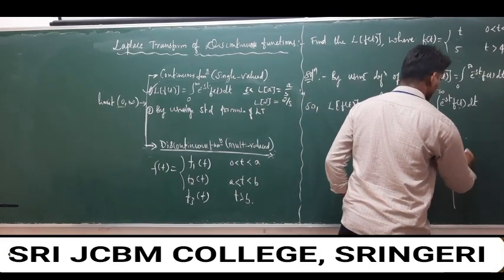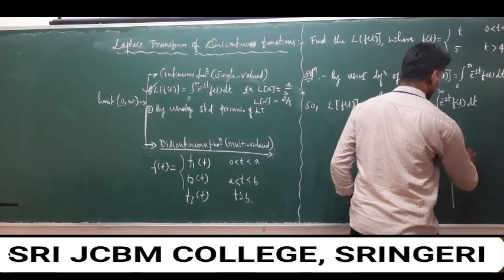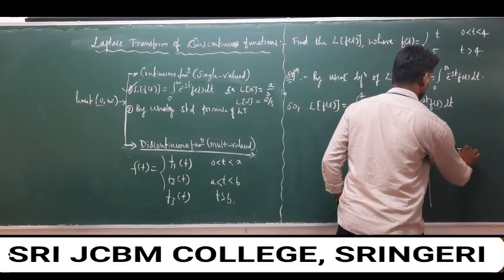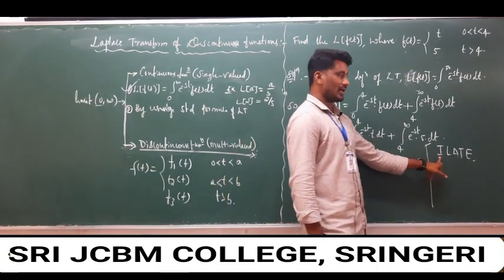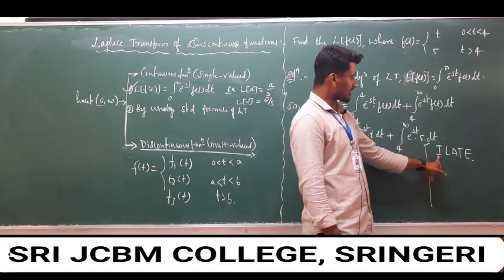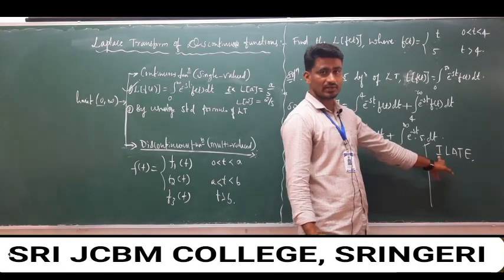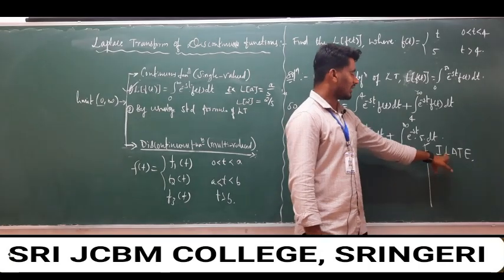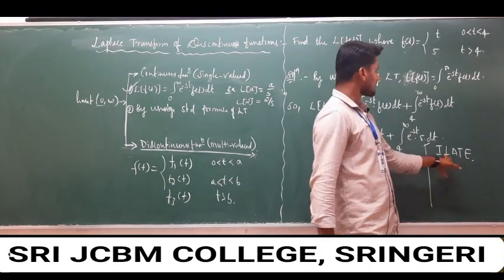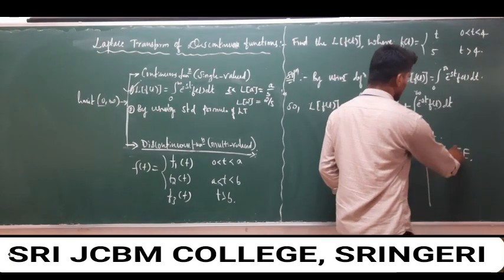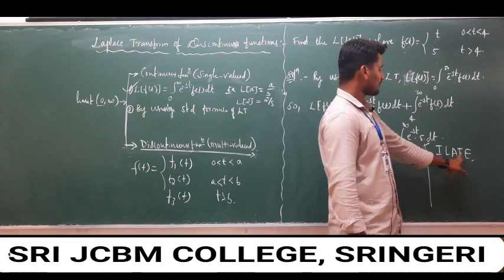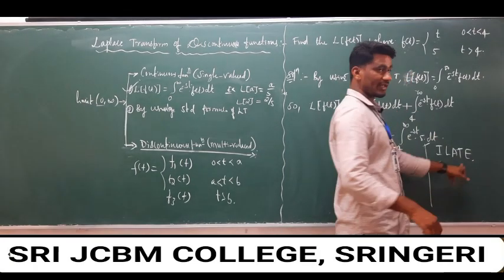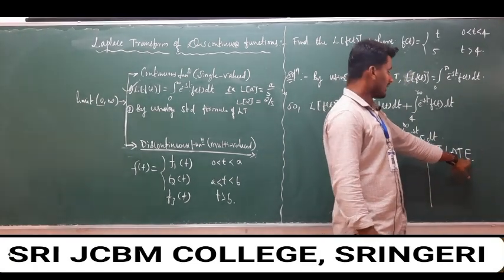By using ILATE, we are already familiar with ILATE. I is nothing but inverse trigonometric functions like tan inverse, sin inverse, cos inverse, and L is nothing but logarithmic functions, and A is nothing but algebraic functions like x square, x to the 5, and T is trigonometric functions like sin x, cos x, and E is exponential.